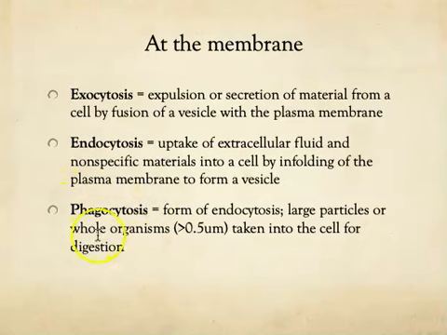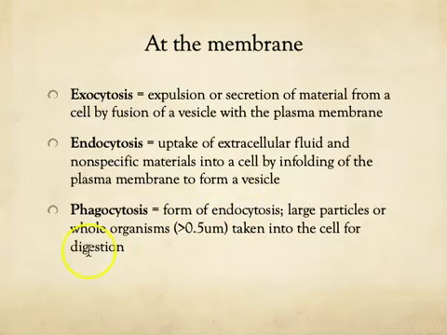Next, is this term phagocytosis. The word phago refers to eating, and cytosis or cyto means cell. So this is a form of cellular eating. And when we talk about phagocytosis, we're talking about materials entering the cell. So it is a form of endocytosis.